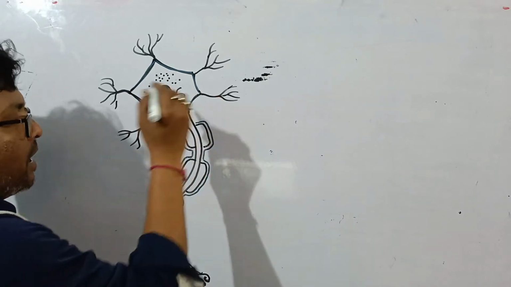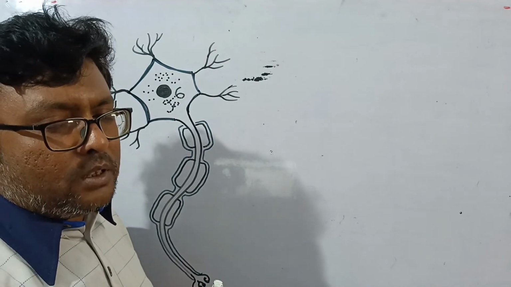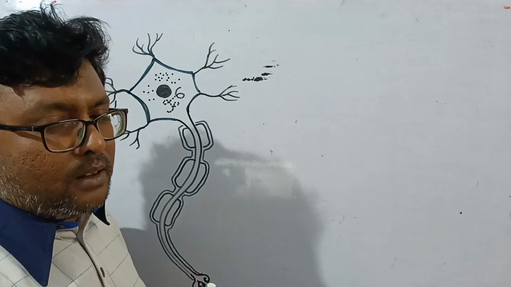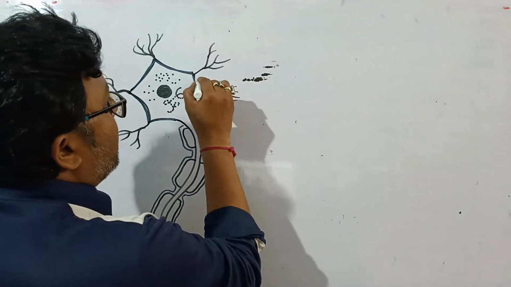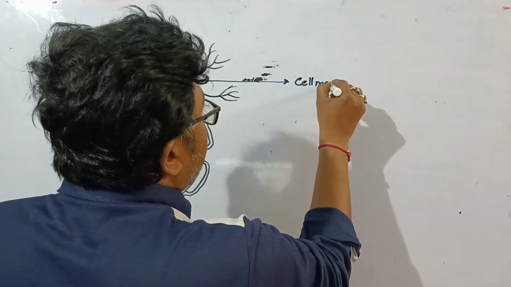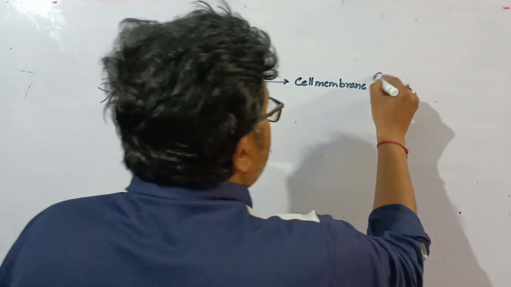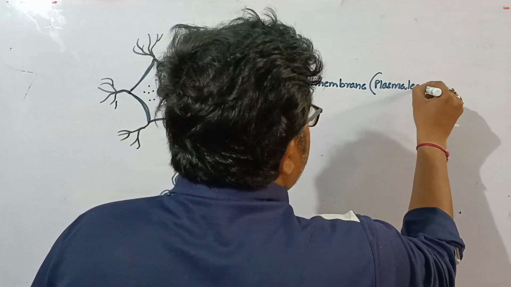The characteristics of the cell body are simply similar to a cell. I hope you know that a cell is covered by a membrane known as the cell membrane. It is also known as plasma lemma.